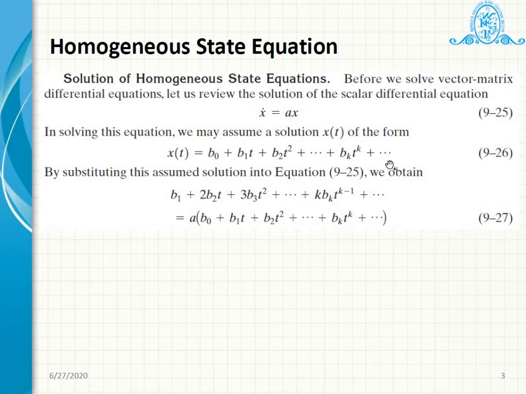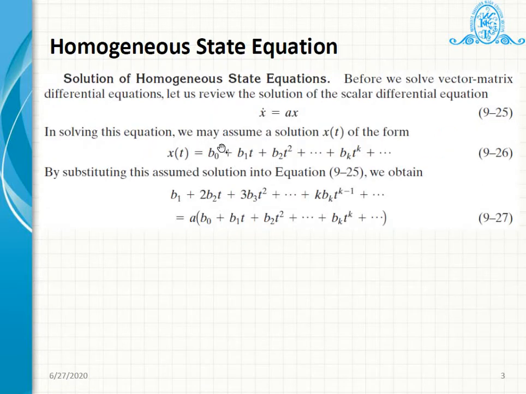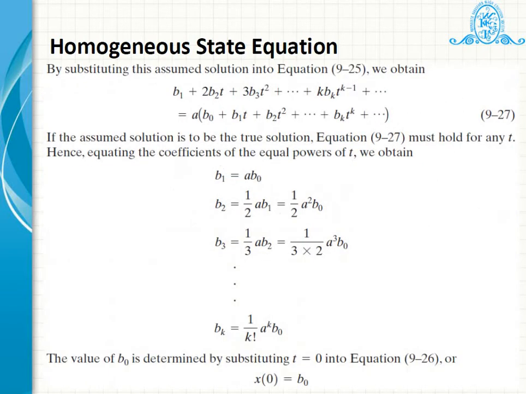So for this assumed solution, we need to determine the values of these constants b0, b1, b2, up to bk. These are determined here, b1, b2, b3 up to bk. The only parameter that we don't know is b0.